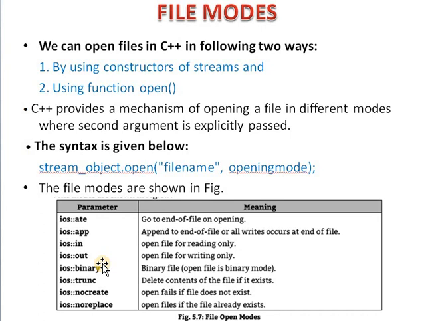Then next, ios::nocreate. It is relevant with direct access to the particular file. And the last one is ios::noreplace. That means it searches for a file, and if the file is not found, then a new file will not be created by using this mode. These are the different file modes present in C++.